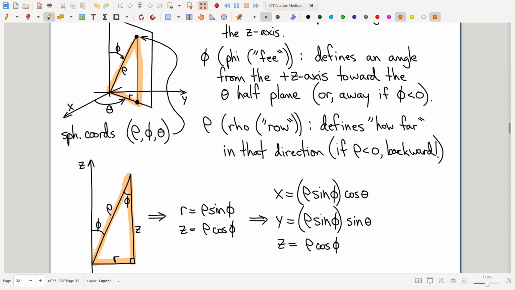I like to draw this point down, dropping a perpendicular down to the XY plane, just because it makes the connection to the cylindrical coordinate R that we already understand. That's really the only purpose this point serves. So I like to redraw this little triangle. What did I accomplish by redrawing it? Very little. But look at the way we have this orange triangle manifested in this picture up here.